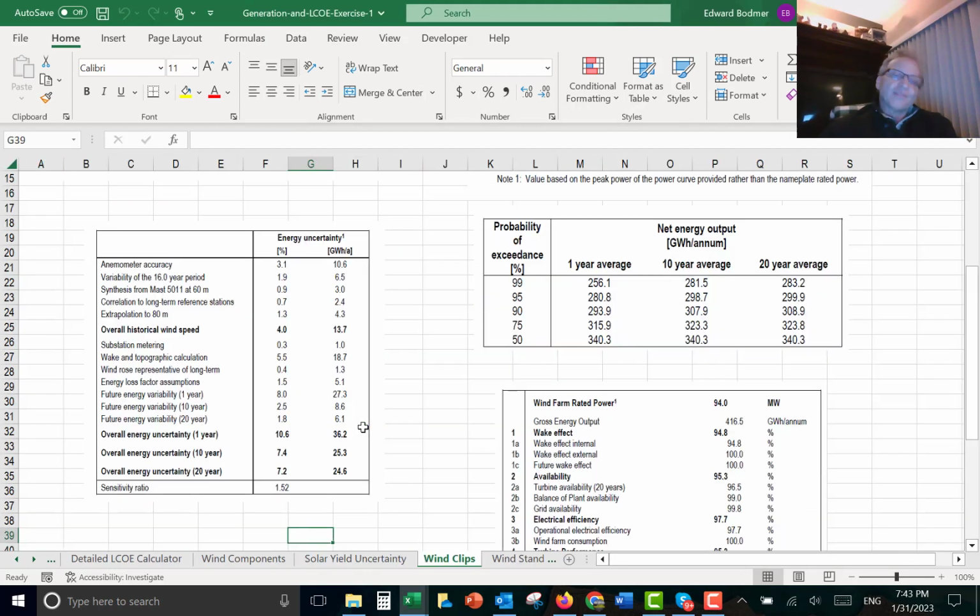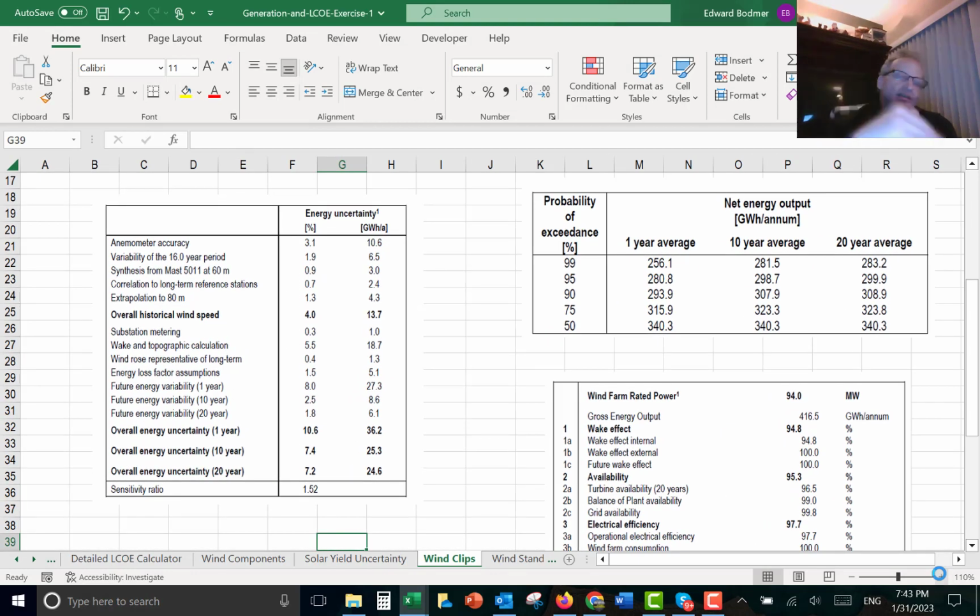And the other thing to understand about standard deviations, and I hope you can see this kind of stuff. If you make the effort to ask me about my resource library that I give away, you can find some examples of this. And here's what they do. This is in wind. They give you the variability, and they call it energy uncertainty. Why in the hell they can't call it standard deviation, I don't know.